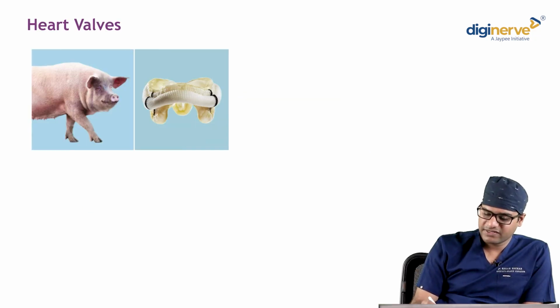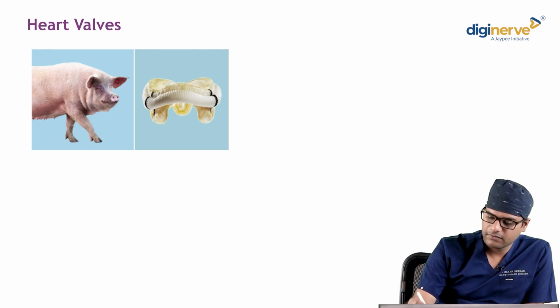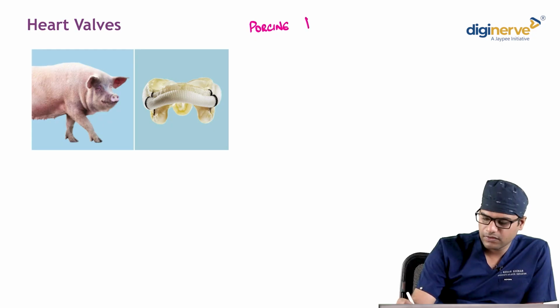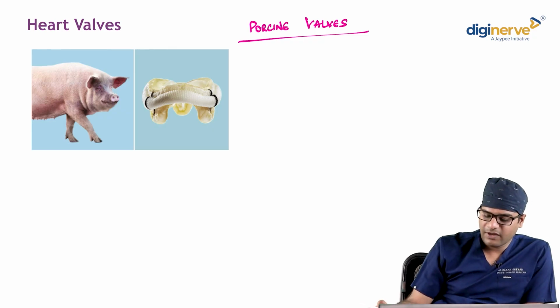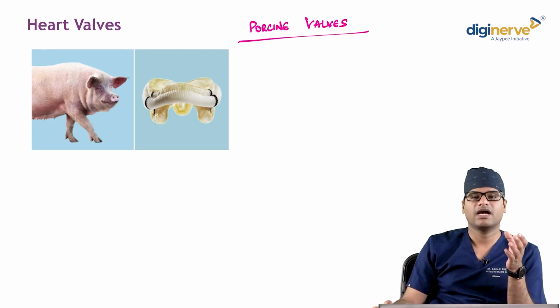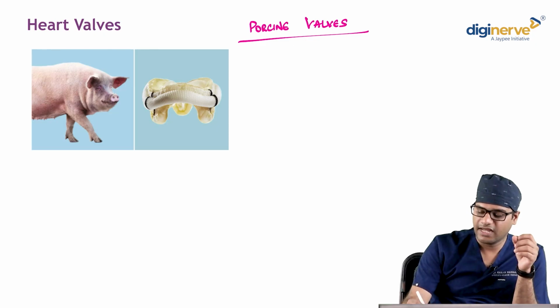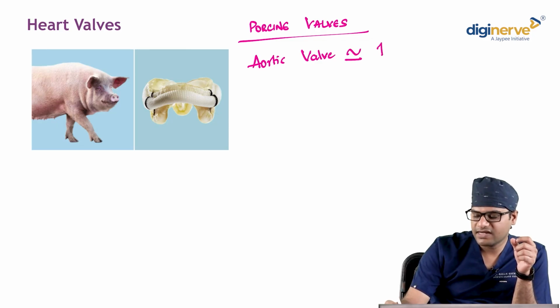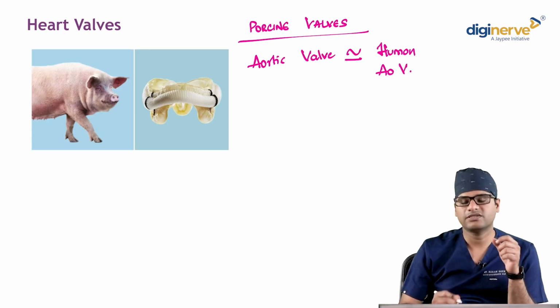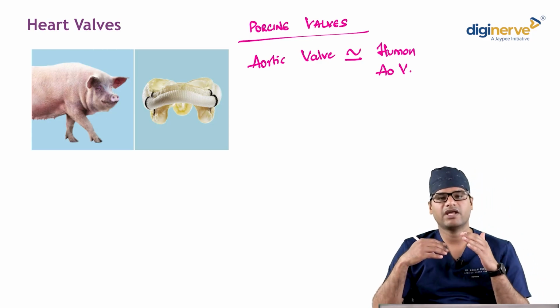So coming to the porcine valve, now the porcine valve is made up of the aortic valve of the pig itself. The aortic valve of the pig closely resembles that of the human aortic valve, so as to maintain the same hemodynamic profile.